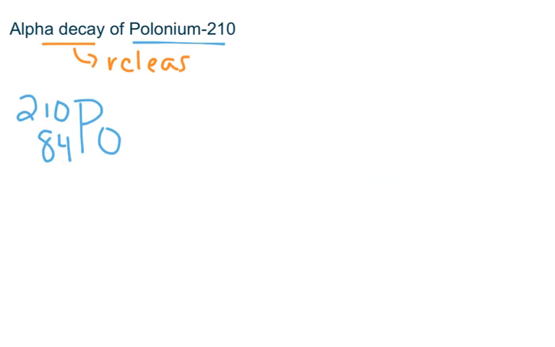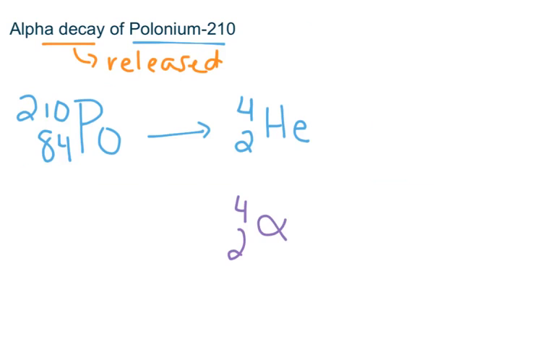So it goes on the right side of the equation. So we're going to draw our little arrow. Then we're going to write our alpha particle. An alpha decay particle is this, 4,2-He. This also has an alternative symbol, which is 4,2-alpha.